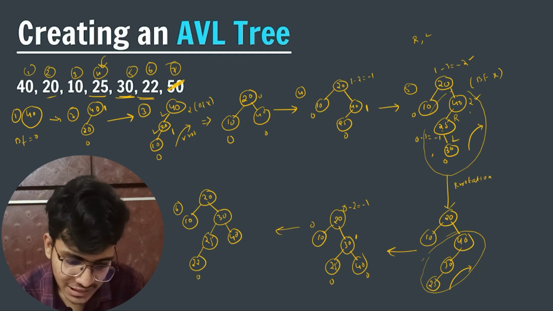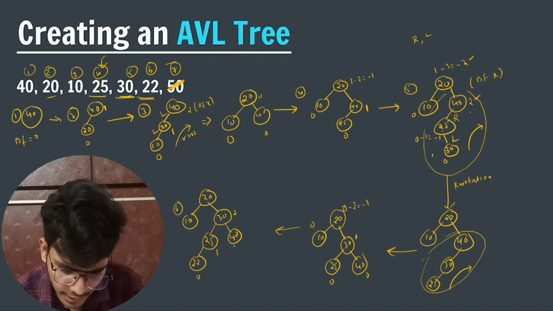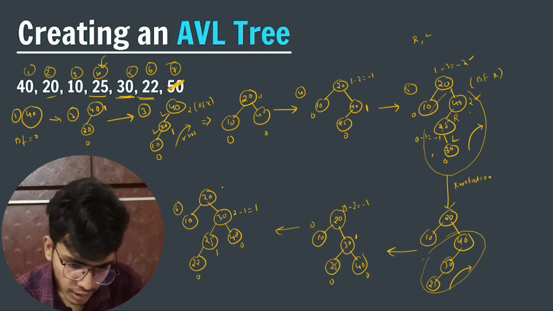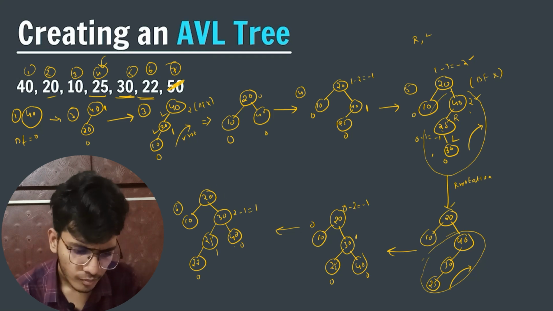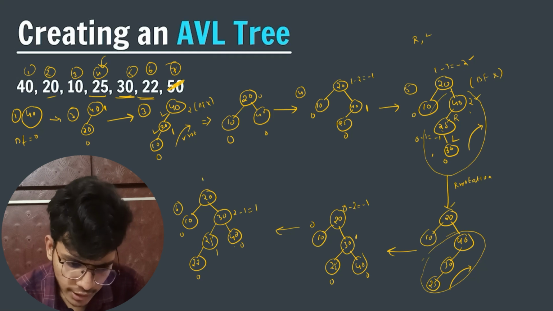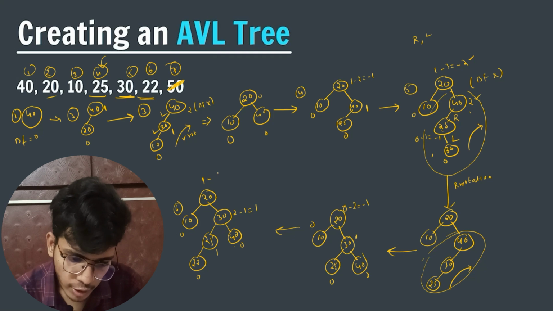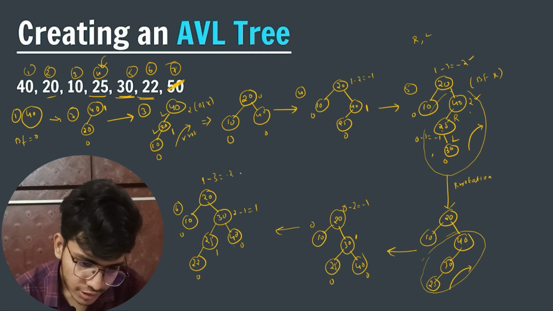The balancing factor is 0, and after that the balancing factor is 1, and the balancing factor for this node is 2, the left side is 2 and the right side is 0, and 2 minus 1, so this is 1. Here the balancing factor is 0, and for this 20 node the left side is 1 minus the right side is 3, so this is minus 2.